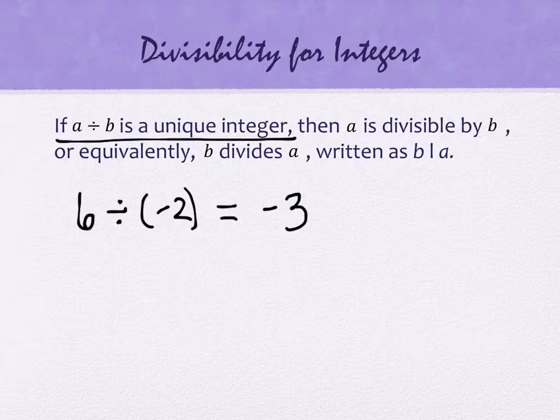What that means then is the a value, 6, is divisible by b. Is 6 divisible by negative 2? Well, of course it is, because it gave me an integer when I was done. Or equivalently, we could say that b, that's the negative 2, divides a, 6. So does negative 2 divide 6? Sure it does. Okay? So that's all the same notation and language that we used when we were doing division and divisibility with whole numbers.